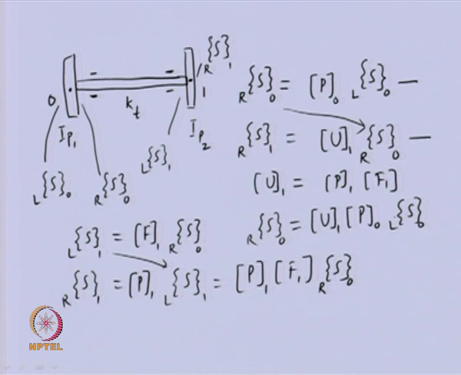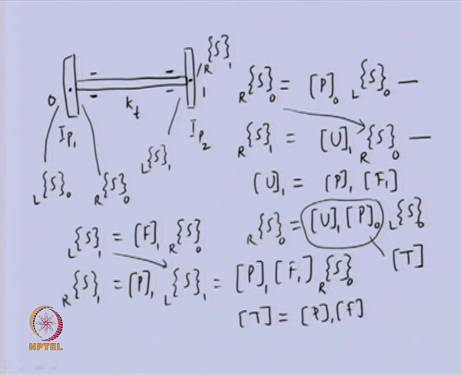You can see that this matrix, which is a multiplication of 3 matrices, we call the overall transfer matrix, and the T matrix is P1 F1 P0. This is the overall transfer matrix.